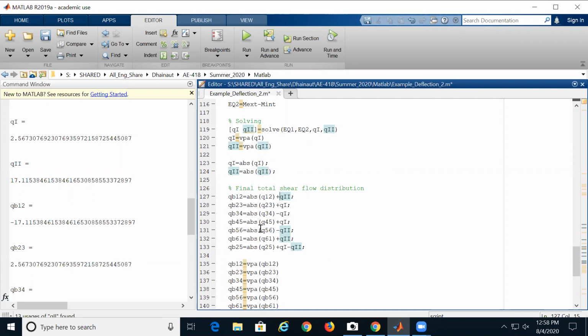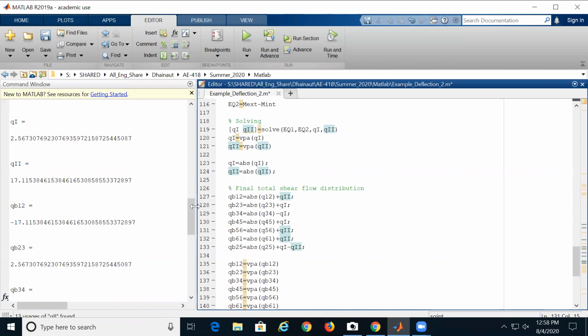Q45 will be equal to Q1, positive. Q56 should be equal to Q2, minus plus. Q61 should be equal to the summation of these two. Yes. And the common web should be equal to absolute Q25 plus Q1 minus Q2.